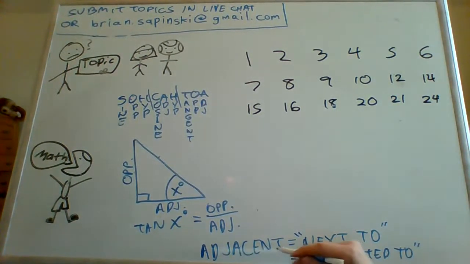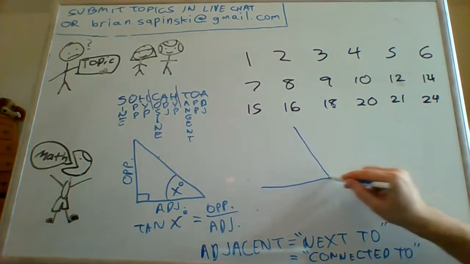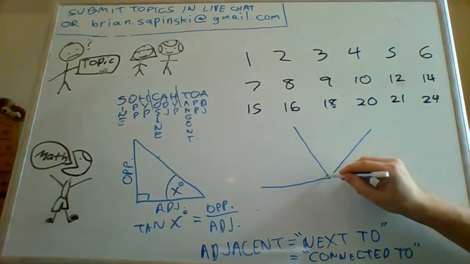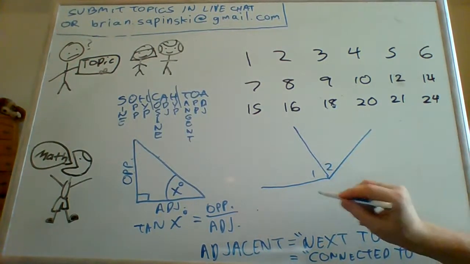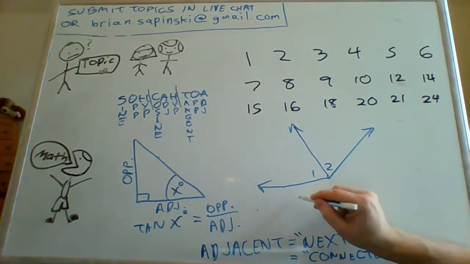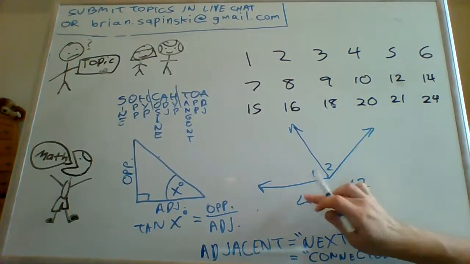Let's say you wanted to call 2 angles adjacent. You see these 2 angles right here. You have angle 1 right here, and you have angle 2 sitting over there.